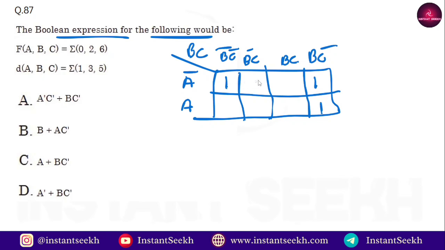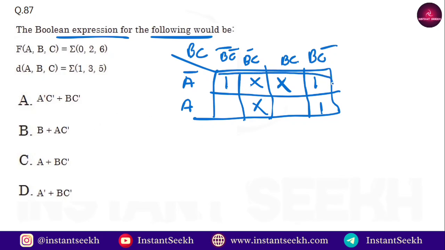Don't care terms we will put here: first 1, then 3, and then 5. Don't care terms are denoted by X, to indicate that for certain combinations of variables the output value can be either 0 or 1. So these terms provide flexibility for simplification. Now we will try to simplify this.